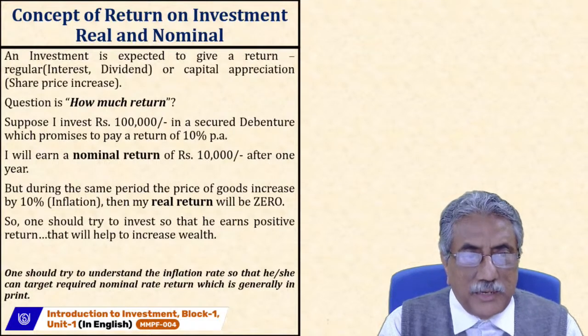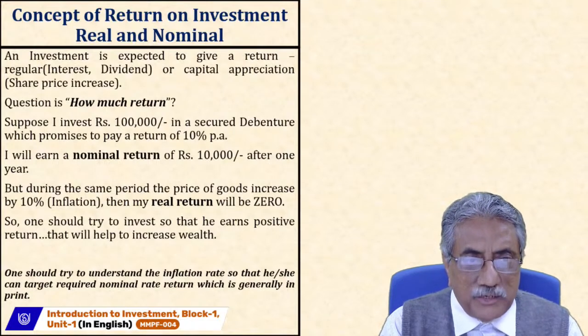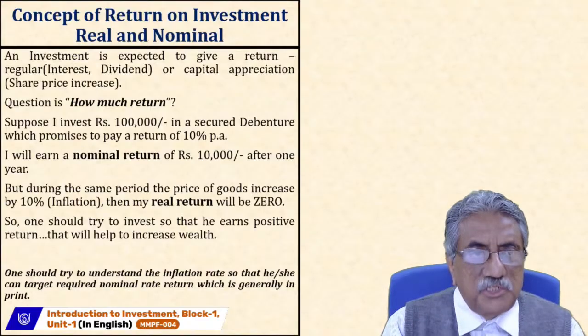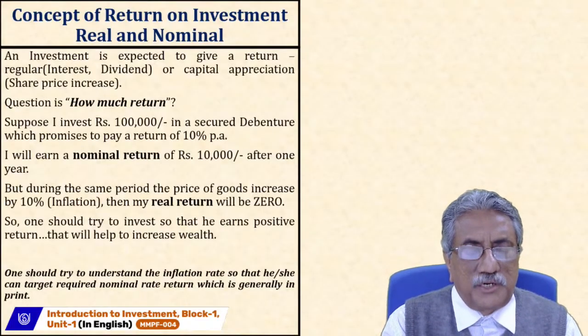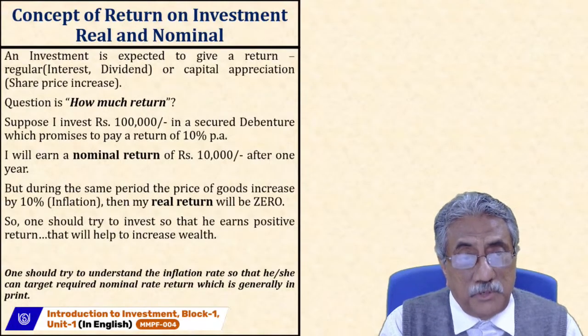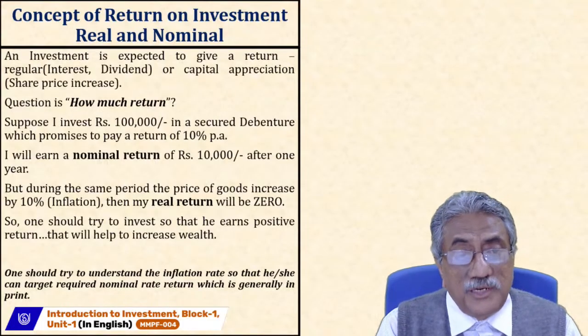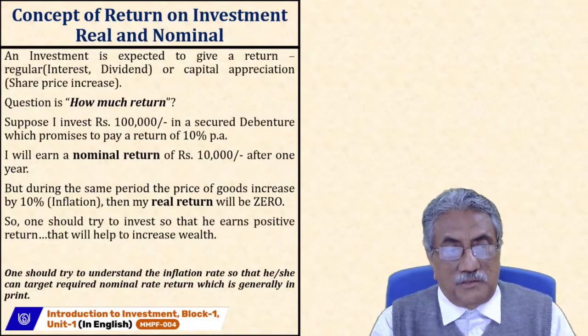I hope I have made the point clear that if from the nominal return, which is generally printed on the board or printed on the papers, I deduct the inflation going on, I will get the real return which I am earning.